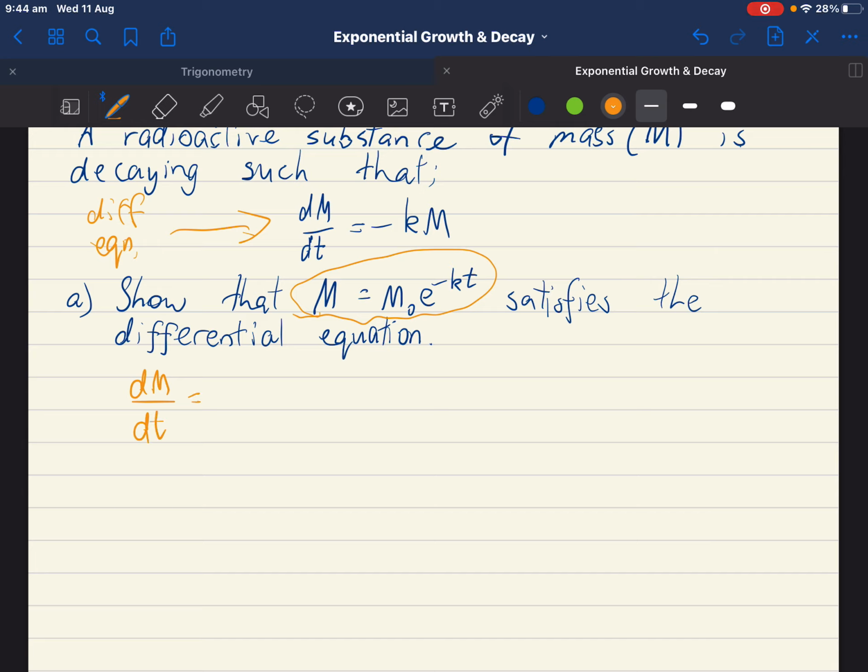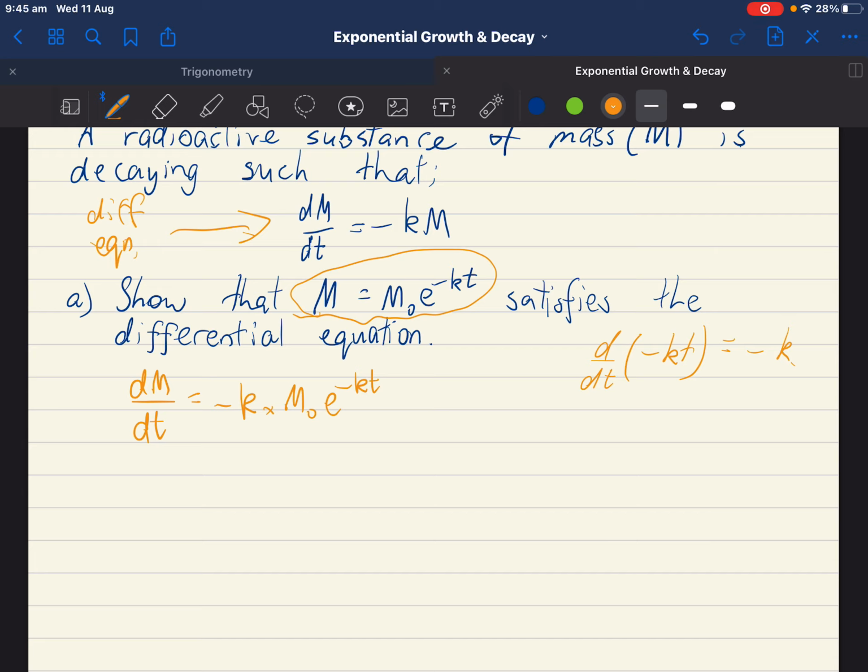So remember, when differentiating exponentials, you differentiate the top term. So the derivative of minus kt, differentiate what's at the top, you just get minus k. So the derivative comes down the front and it's multiplied by the rest of it, unchanged.